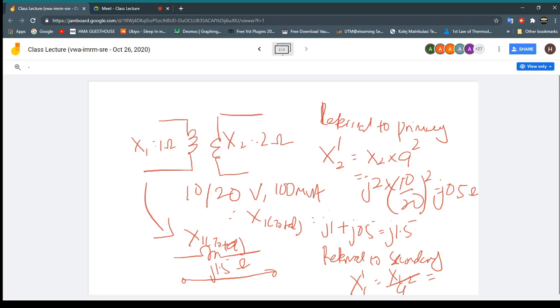So this is the primary quantity referred to the secondary. This X1 we bring to the secondary. So 1 divided by 10 over 20 squared. So what do you get? Four, right?